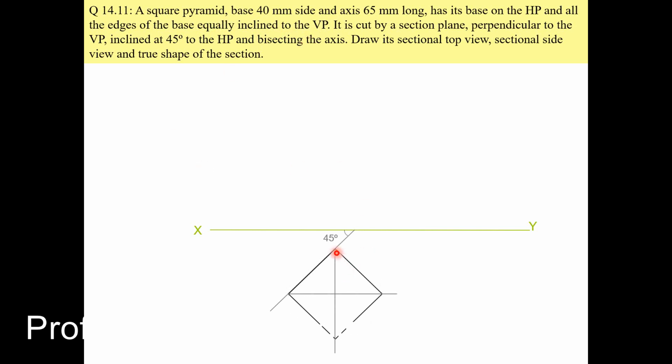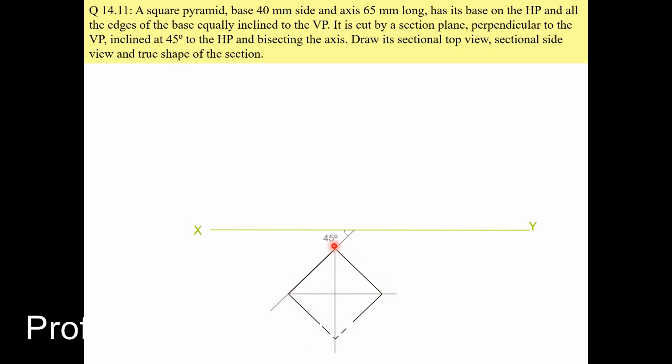So the top view of your square pyramid should be in this way, at 45 degrees, equally inclined to VP. For this, draw a 45-degree line and use your drafter, or consider a point here, and then normal to this 45-degree line, draw two lines of 40 mm each, and then join them.